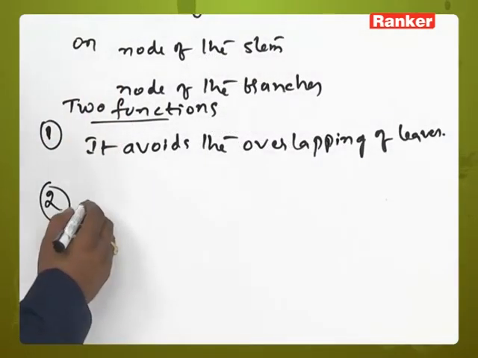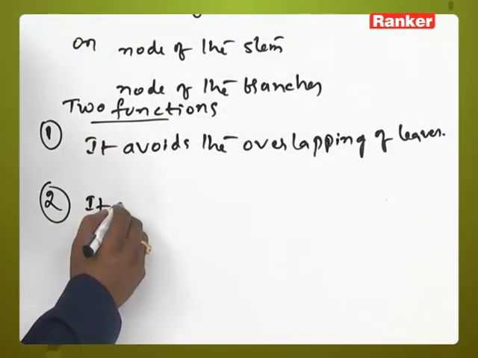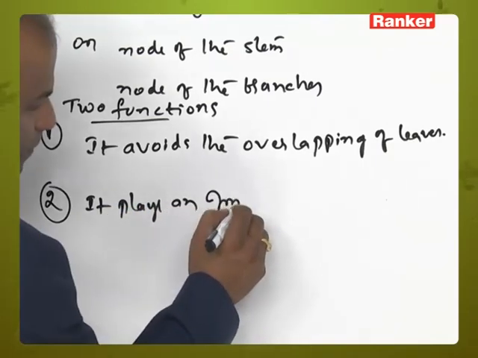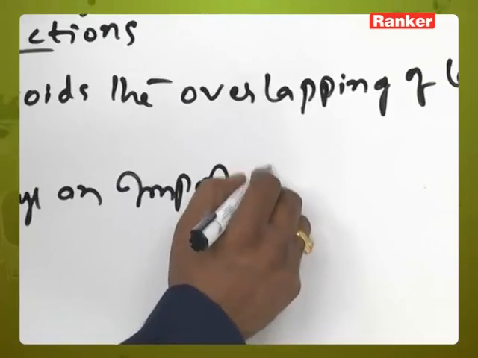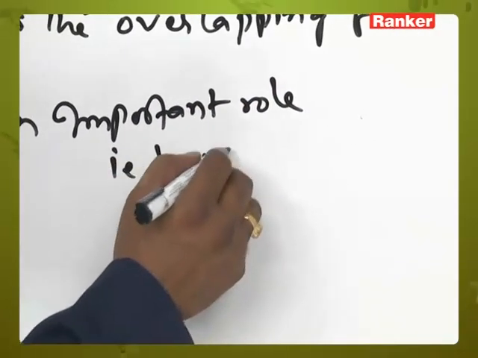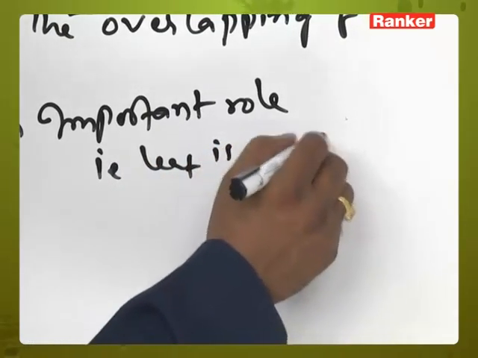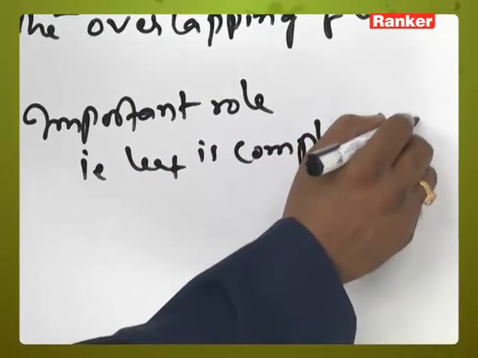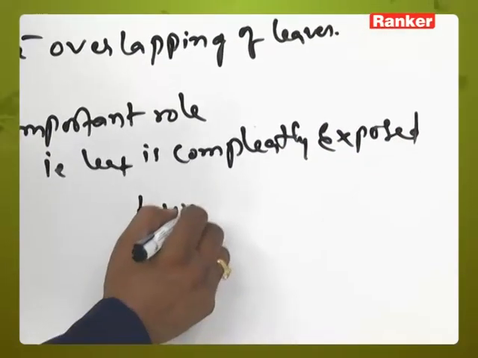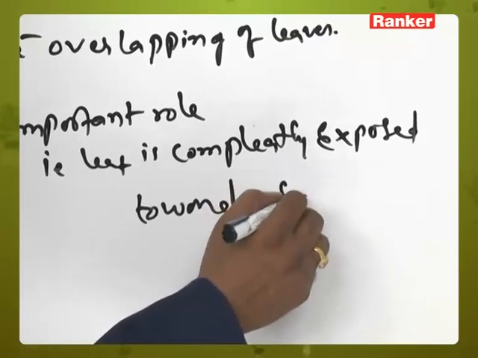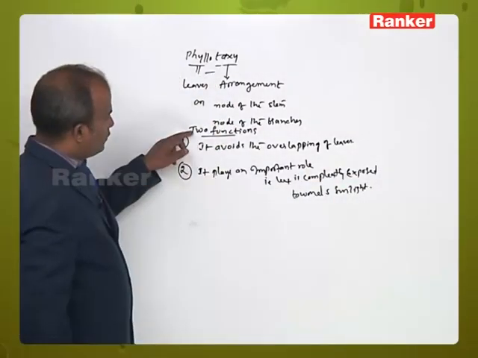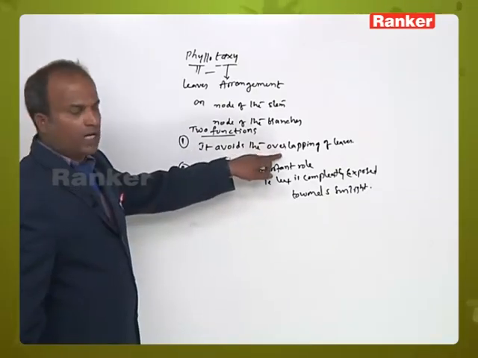What is the second function? It plays an important role. That means a leaf is completely exposed towards sunlight. In the first function it avoids overlapping of leaves.